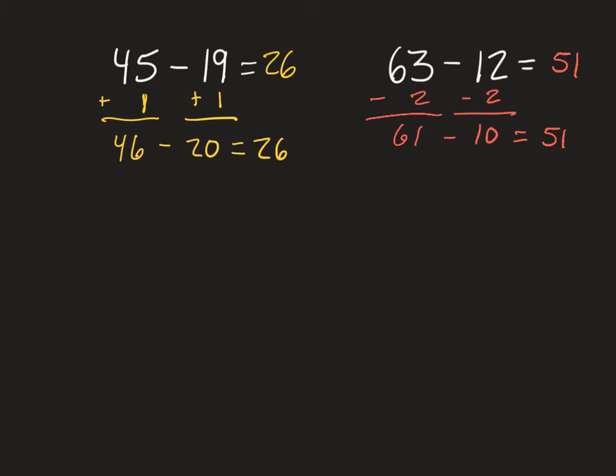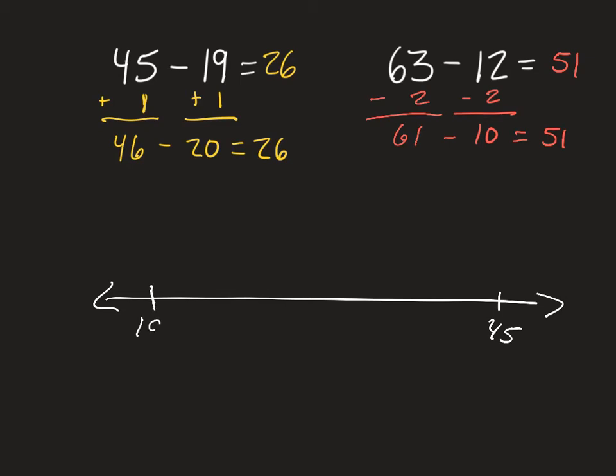Why does this work? This works because the distance between the two numbers on the number line stays constant. So if you look here, 45 and 19, the distance between these two numbers is 26.